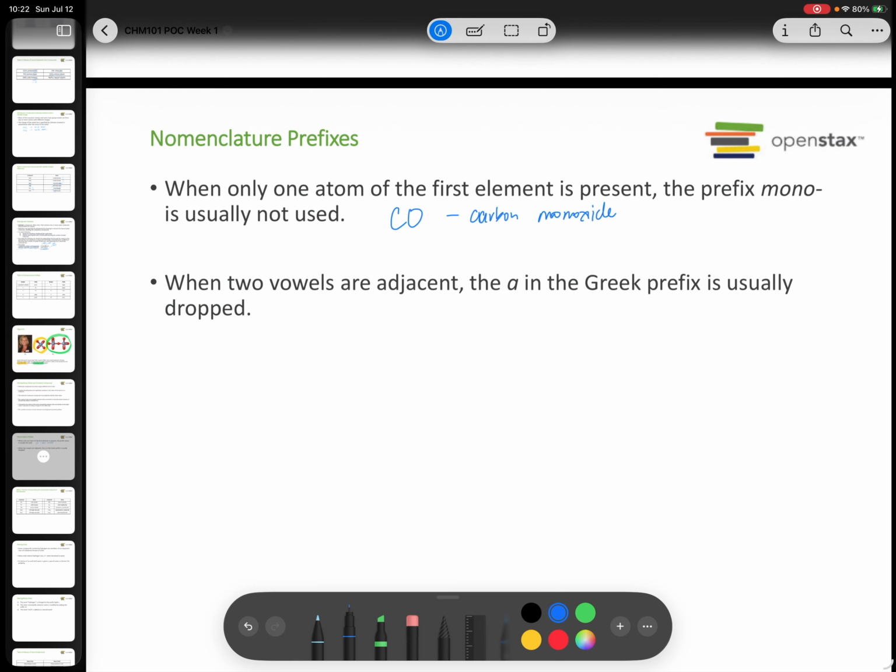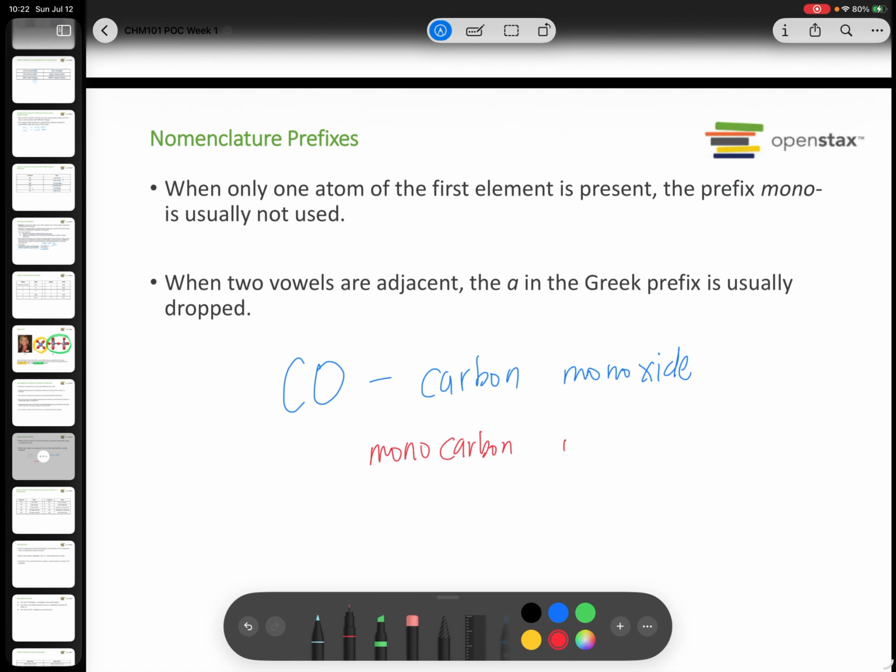Sige, lagyan natin dito. So, yung red, yung mali, no? Monocarbon monoxide, this is wrong, no? So, basta ito yung correct. Yung sa rule number 1, hindi na natin to nilalagay, no? Okay.